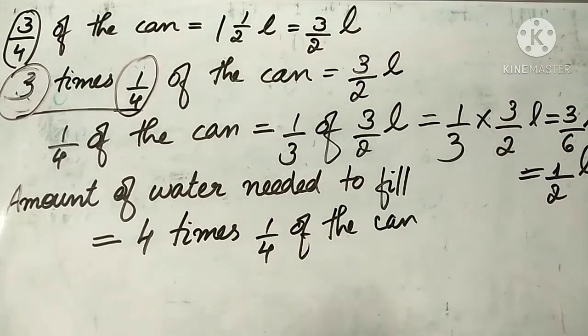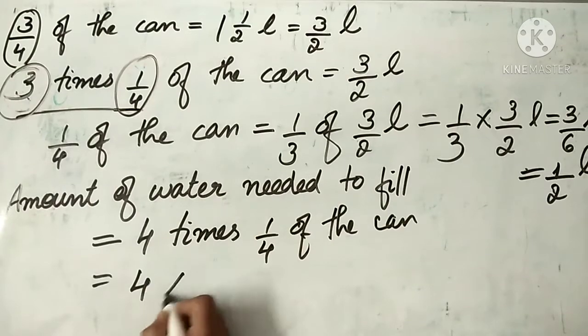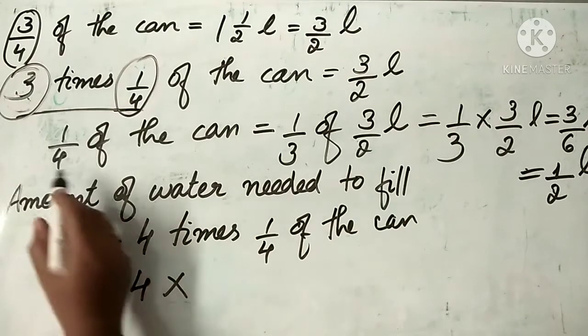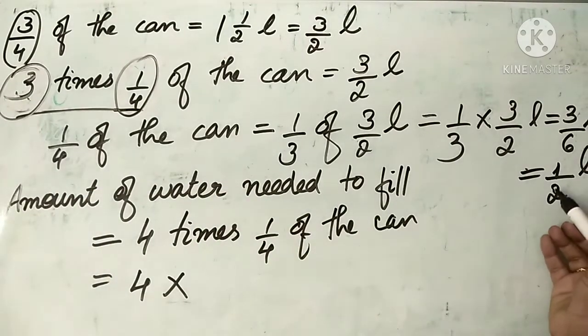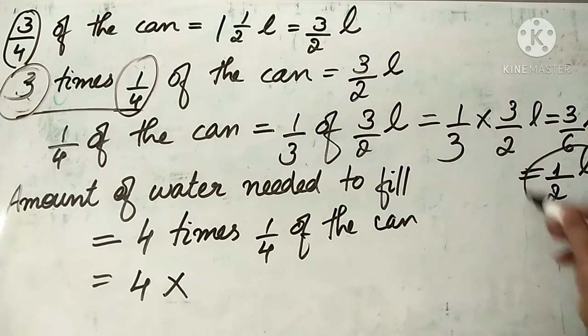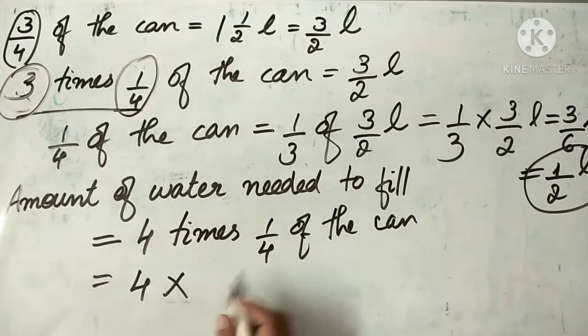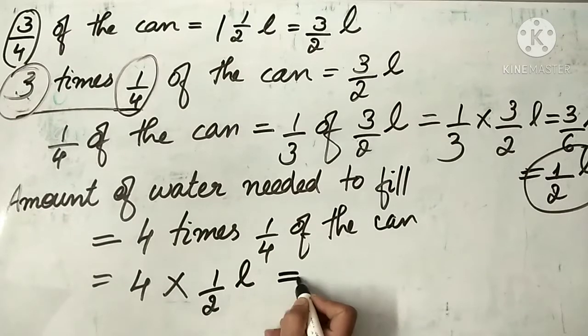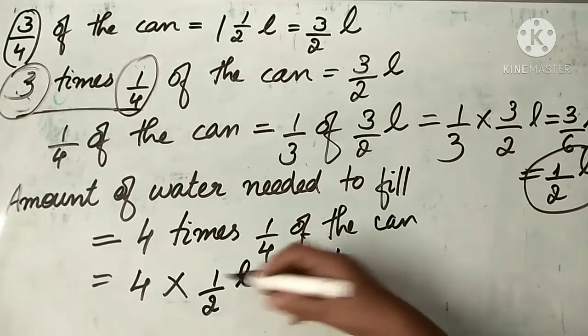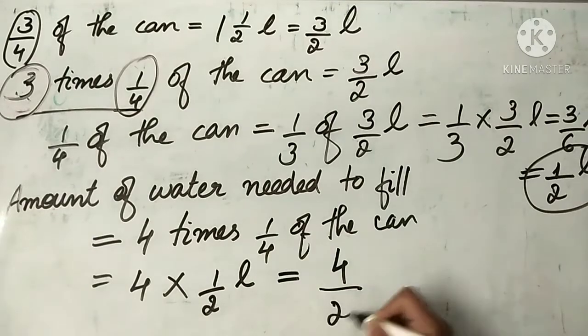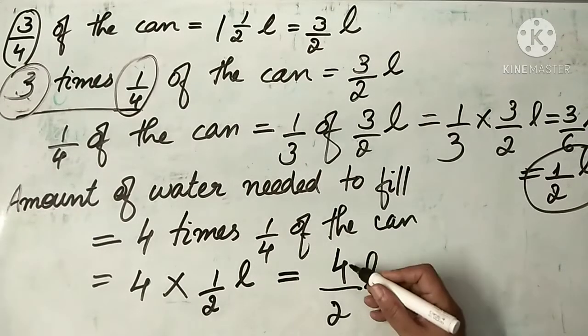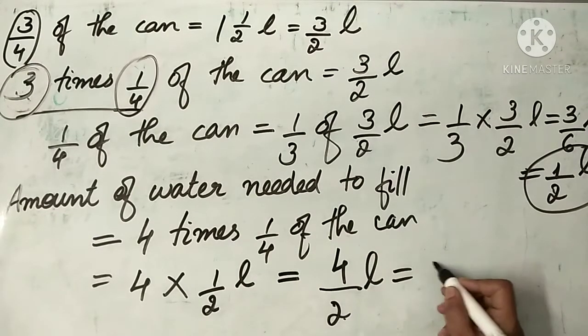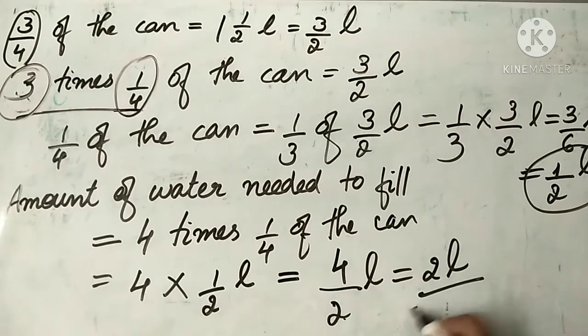How many liters of water is needed to fill 1 by 4? 1 by 4 of the can is the amount found above. That is equal to 4 into that amount of liters. When we divide, the answer is 2 liters.